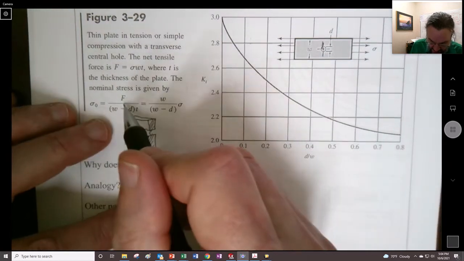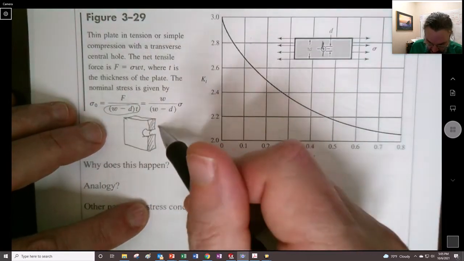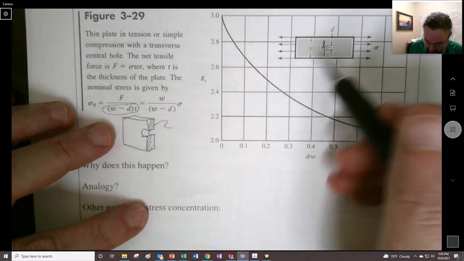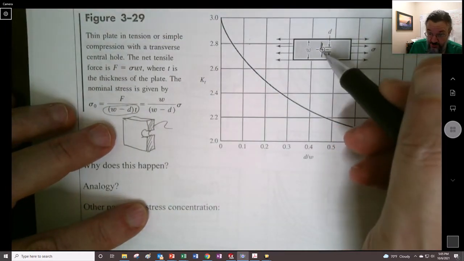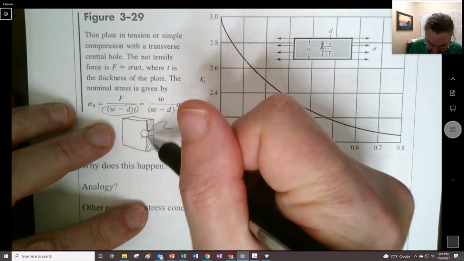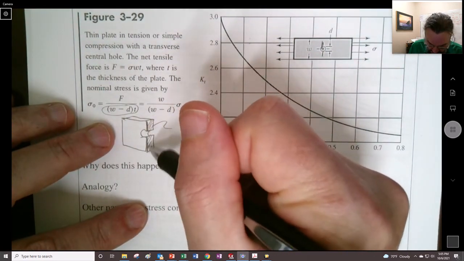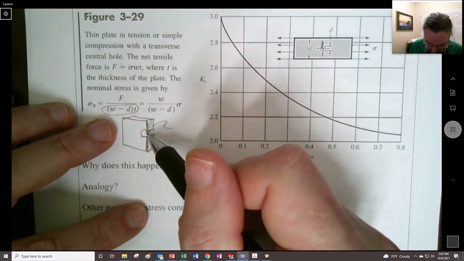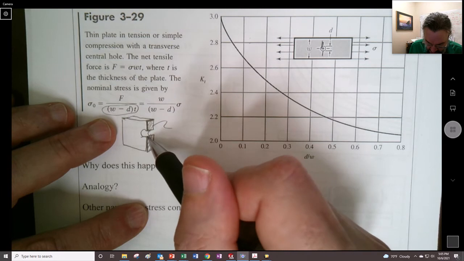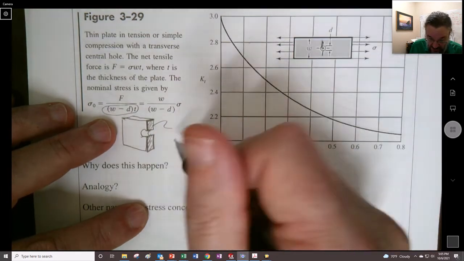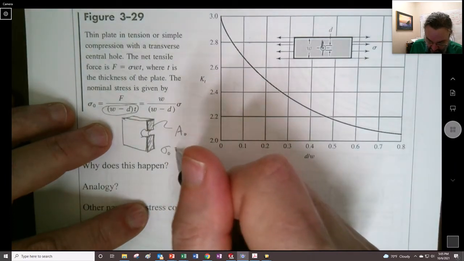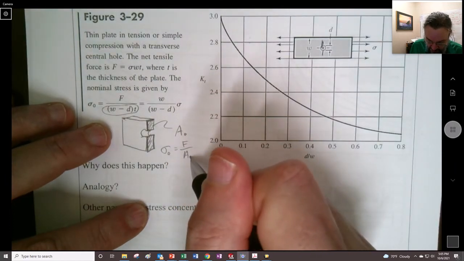We can see that the area that we're trying to get is going to be W, which is the width of this, minus this. So that's just this and that length, added together. We've really just taken the total W, subtracted out the D, and then multiplied it by the thickness. So that makes sense that that's going to be the nominal area. So we get the nominal stress by dividing the force by the nominal area.